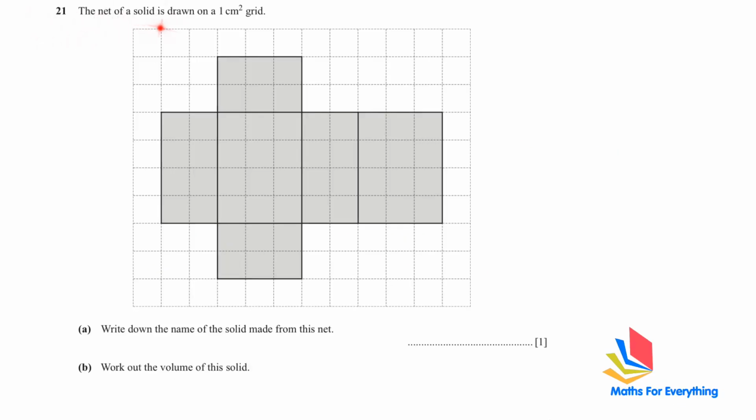Question number 21. The net of a solid is drawn on a 1 square centimeter grid. So write down the name of the solid made from this net. You can see that this is a rectangle, this is a rectangle, and therefore it is a cuboid. Work out the volume of this solid. To find the volume of a cuboid, we times length by width and by height.